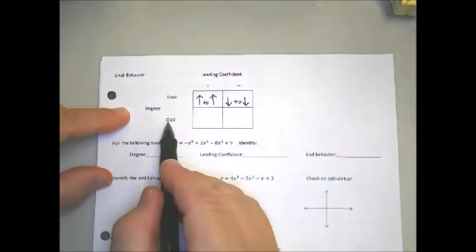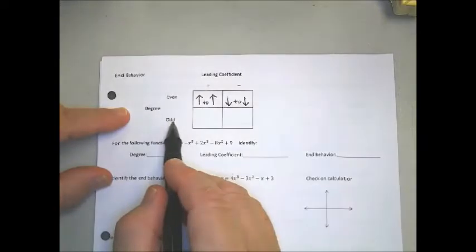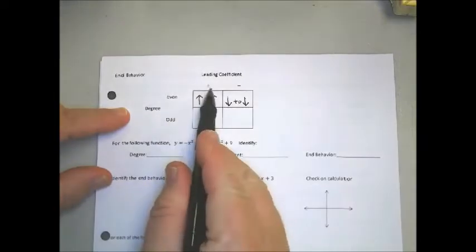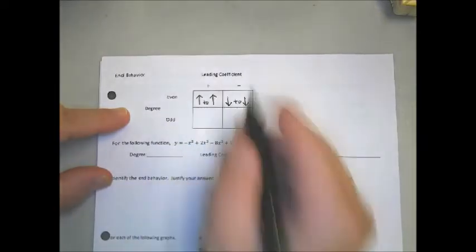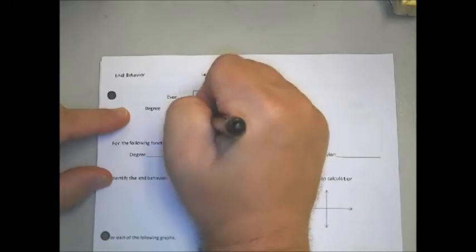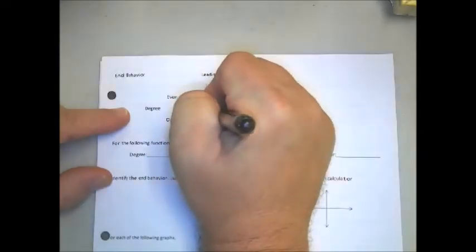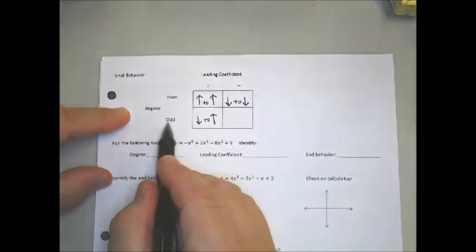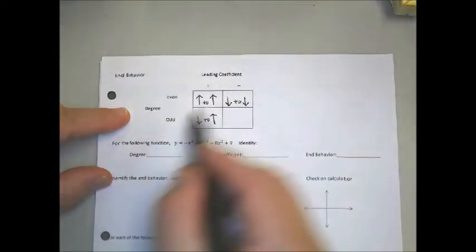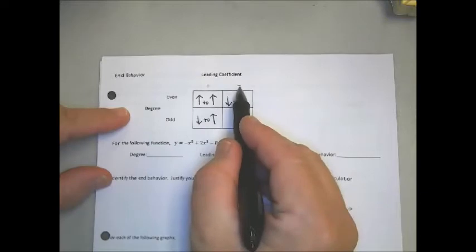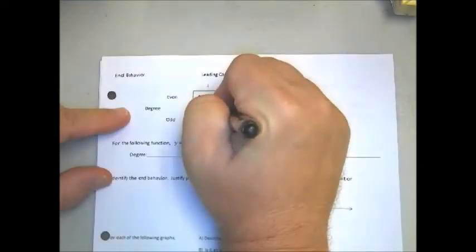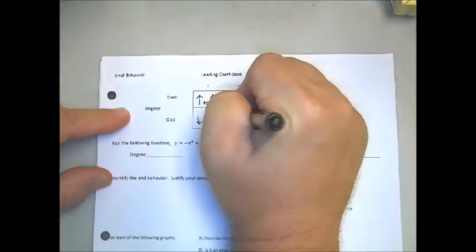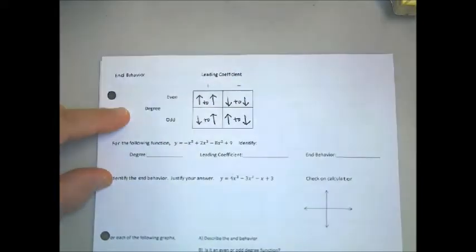When the highest power was odd and it was a positive coefficient, it went from low to high. And when the highest power was odd and the leading coefficient of that term was negative, it went high to low.